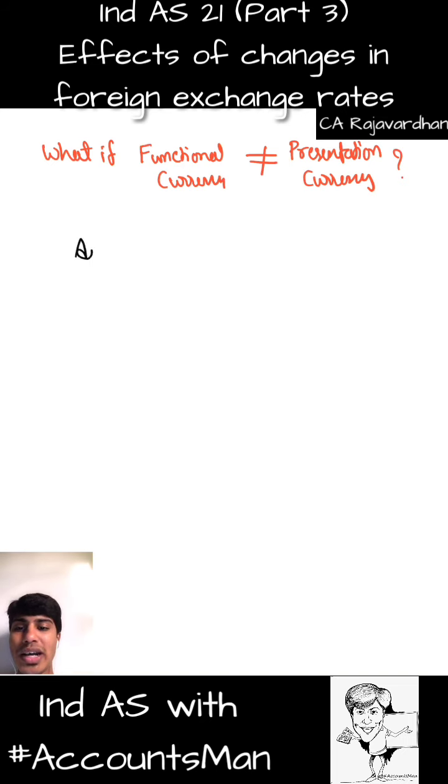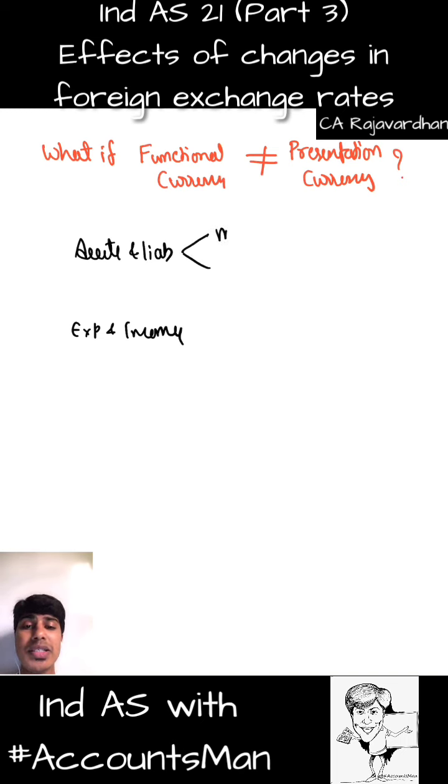I again will go back to translation: assets and liabilities, expenses and incomes. With respect to my assets and liabilities, monetary items, non-monetary items. If it is monetary items, what rate will I use? I will use the closing rate and then translate them. If it is non-monetary items, what will I check?